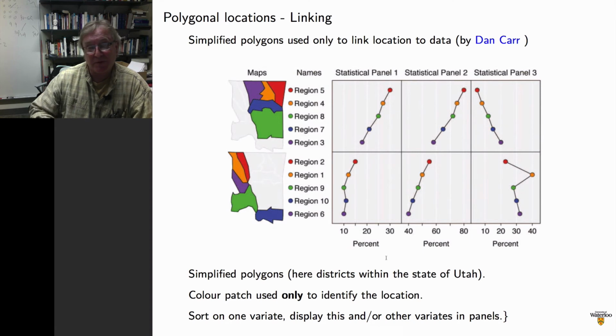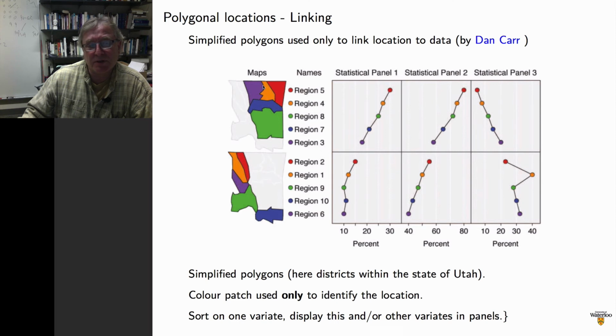So what might you do instead? Well, the reason for the polygons is really to give you a location. So Dan Carr and some of his colleagues have suggested using these micromaps. The idea is that you just need these polygons to be simplified so that they're not too complicated, just so that you can recognize where they are. So this is the state of Utah, and it's an example.